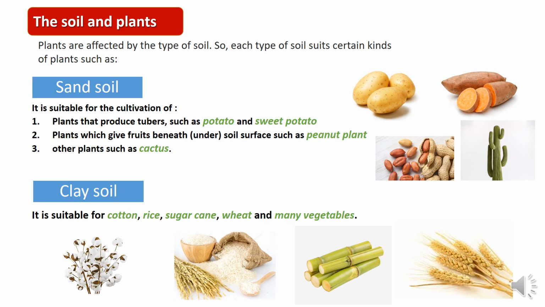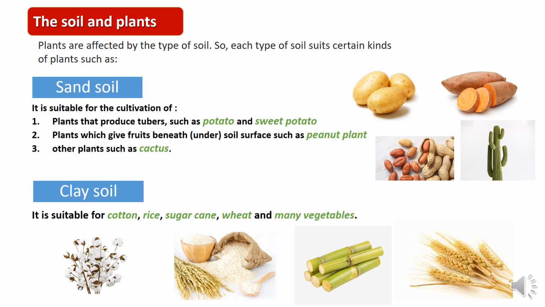The soil and plants. Plants are affected by the type of soil, so each type of soil suits certain kinds of plants, such as sand soil. It is suitable for the cultivation of plants that produce tubers such as potato and sweet potato, plants which give fruits beneath the soil surface such as peanut plant, and other plants such as cactus.